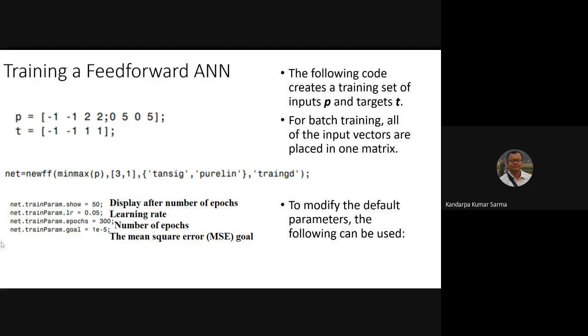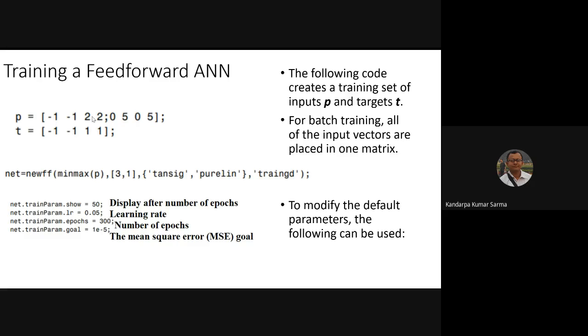Last time we further considered that if we take P and T to be the pattern and the target, P is the pattern and T is the target, then we can use the minmax function to find the range of values that the vectors of P are supposed to give to the network.